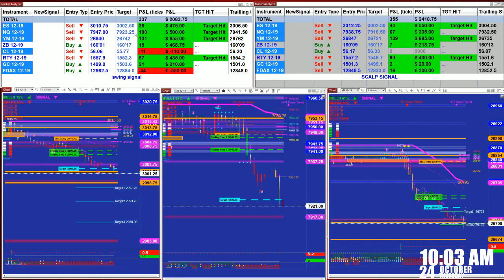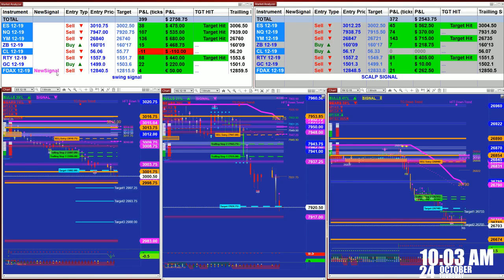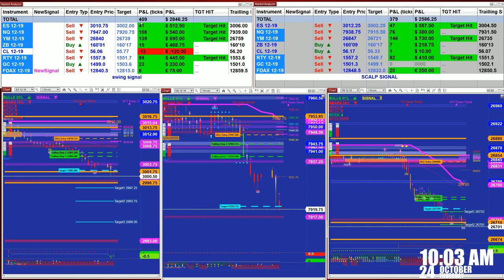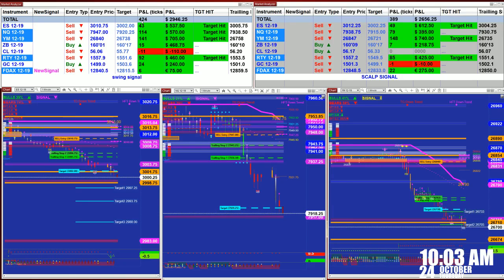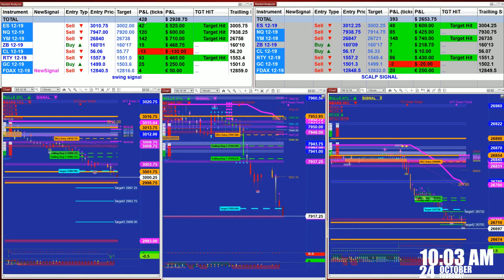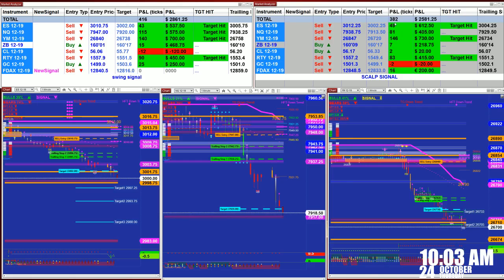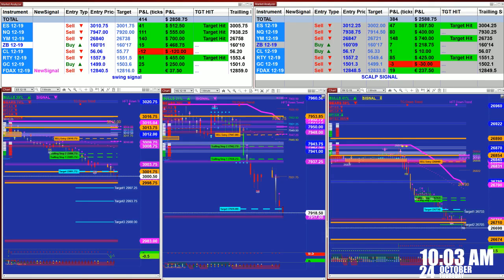If we notice between the scalper, now we have a new signal on the DAX. Between the scalper and the swing trading, there is not much difference. There are 420 ticks based on one contract on the swing trading and 382 ticks on the scalping. So there is not much difference between the scalping at the moment and the swing trading.